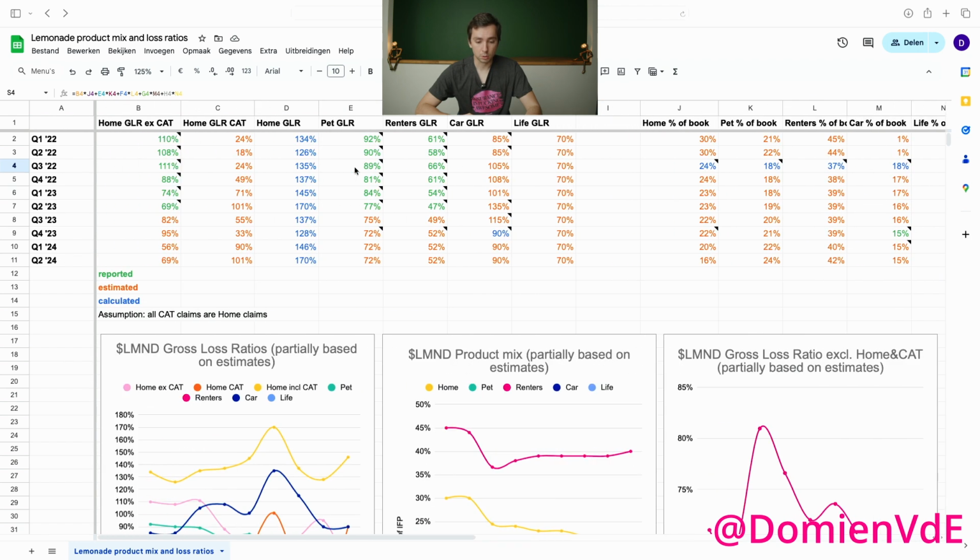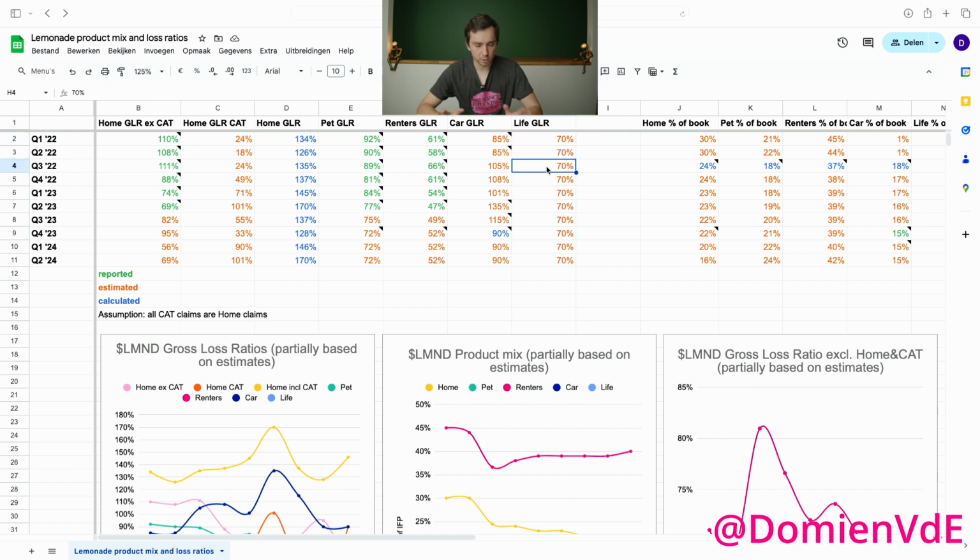Looking back here and excluding the catastrophes, then we can take a weighted average. And then you can see that basically only the life gross loss ratio and the car gross loss ratio are unknown because we are excluding the catastrophes. And we are assuming the life gross loss ratio to be constant at 70% throughout.